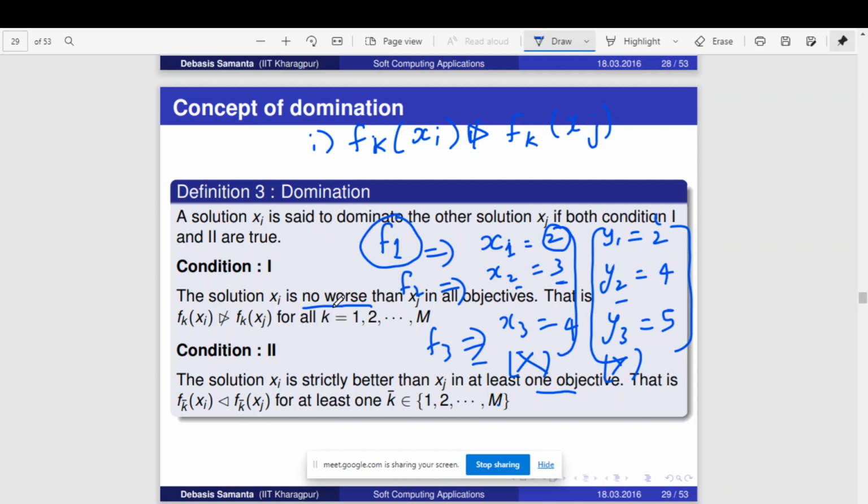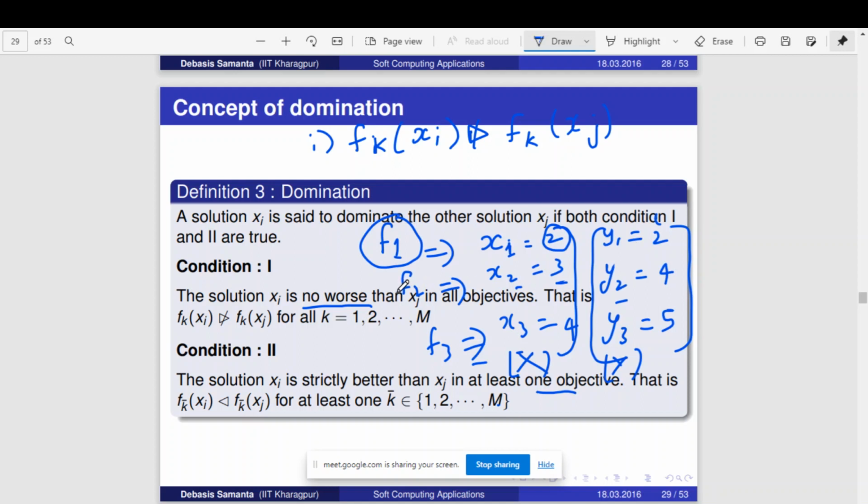What is the domination definition? There are two conditions. What is the first condition? For all objectives, xi is no worse than xj, right? First objective, xi is no worse than xj.